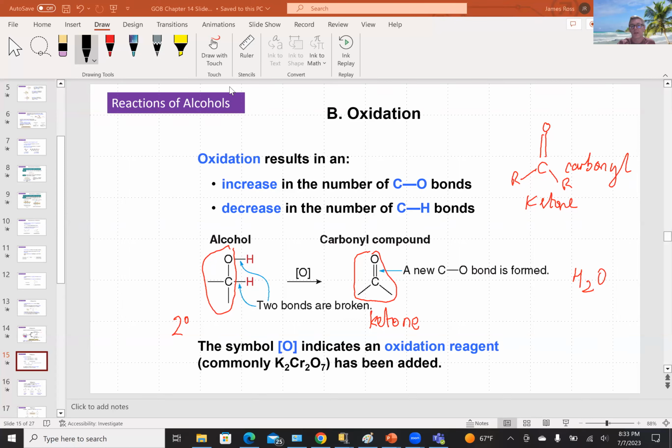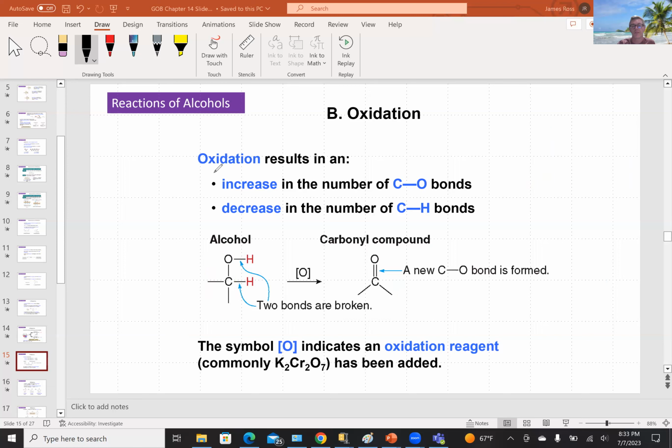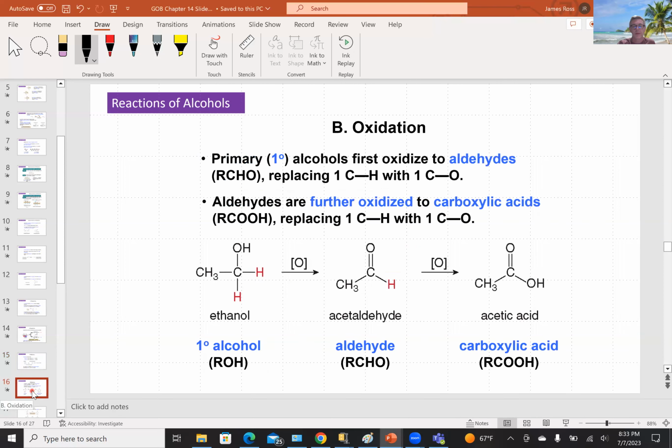And it will certainly be useful in any biochemistry classes that you take after GOB Chapter. Okay, so just in secondary alcohols. Secondary alcohols can be oxidized to ketones, and that's it.